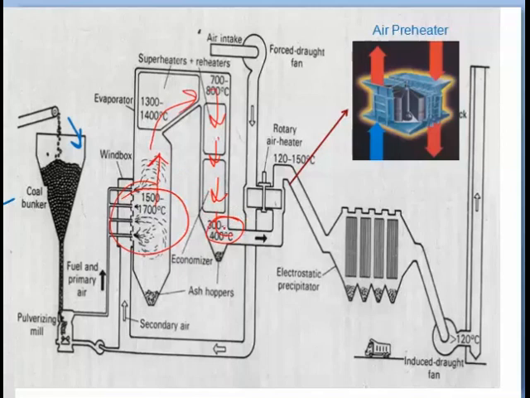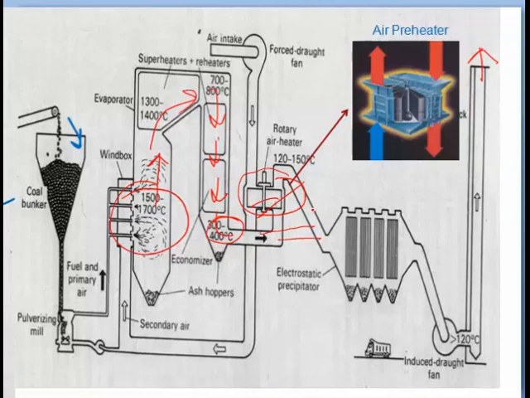And suppose there is no air preheater in the system, what would we have to do? We would exhaust this directly to the atmosphere. If you remove it, the gas will go directly to the ESP, and then through the chimney we would exhaust it.